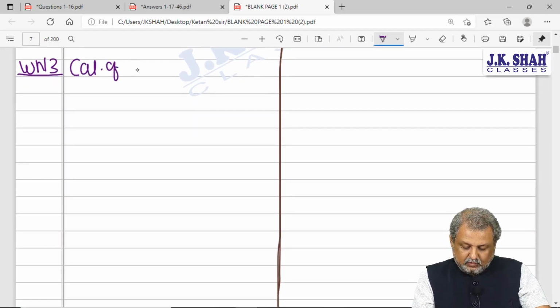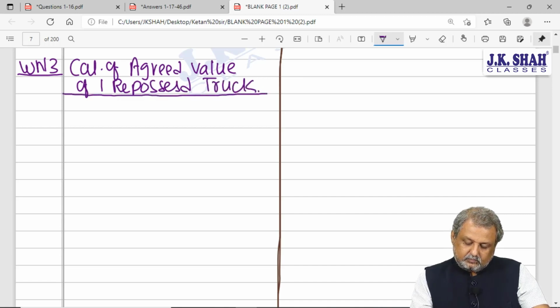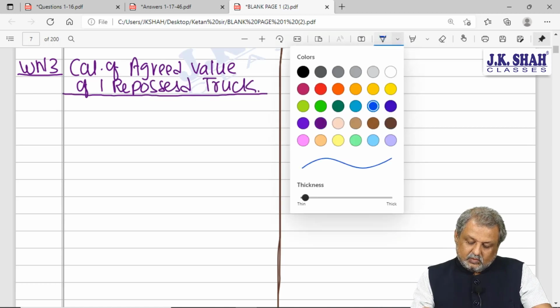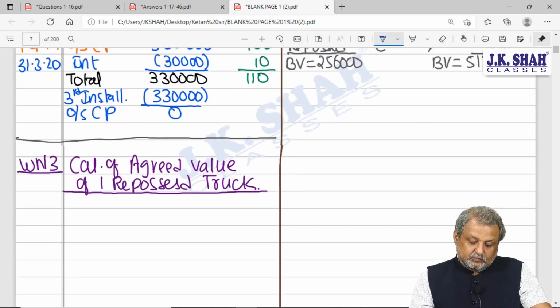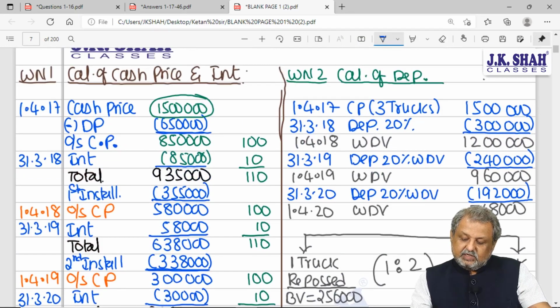Calculation of agreed value of 1 repossessed truck. So 1 truck will be 5 lakhs, 3 trucks is 15 lakhs.